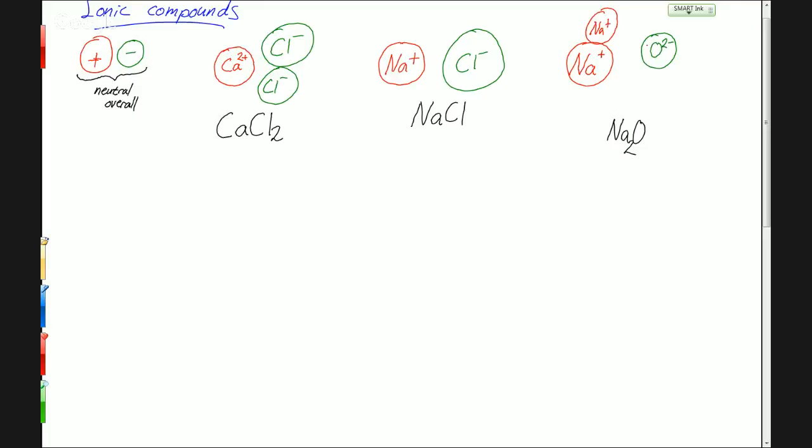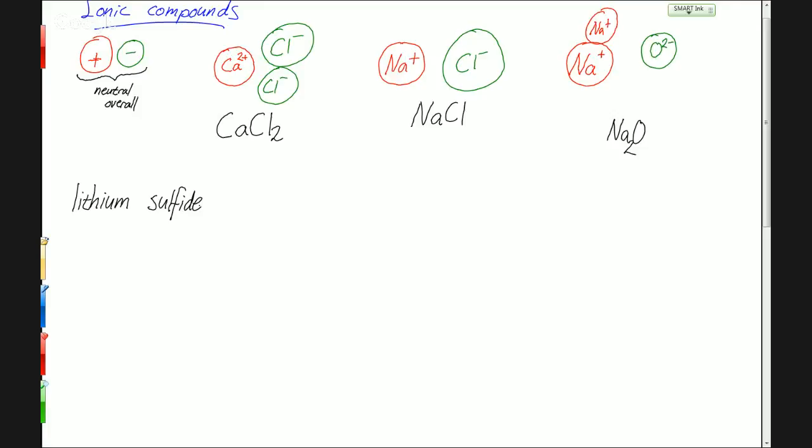Let's say I want you to write a formula for lithium sulfide. So we need to figure out what the formulas of those ions are, what their charges are, and then how many of each we need to balance the overall charge.